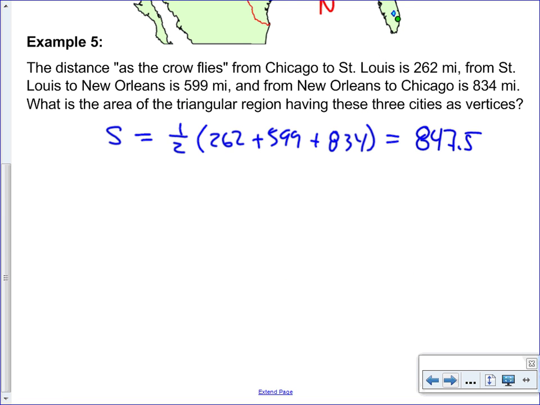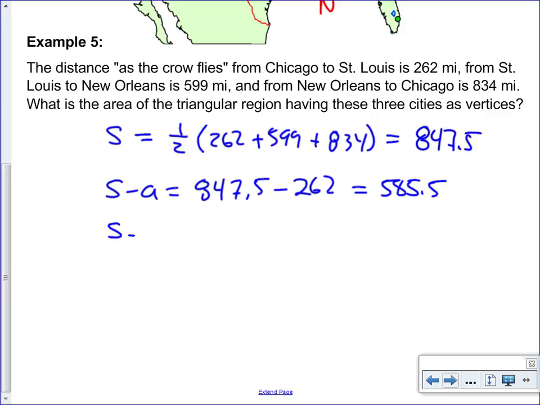Now I'm going to find the other parts of the formula. You take S and subtract from it each distance. S minus A is 847.5 minus 262, which is 585.5. Now you need S minus B, which is 847.5 minus 599, which is 248.5.